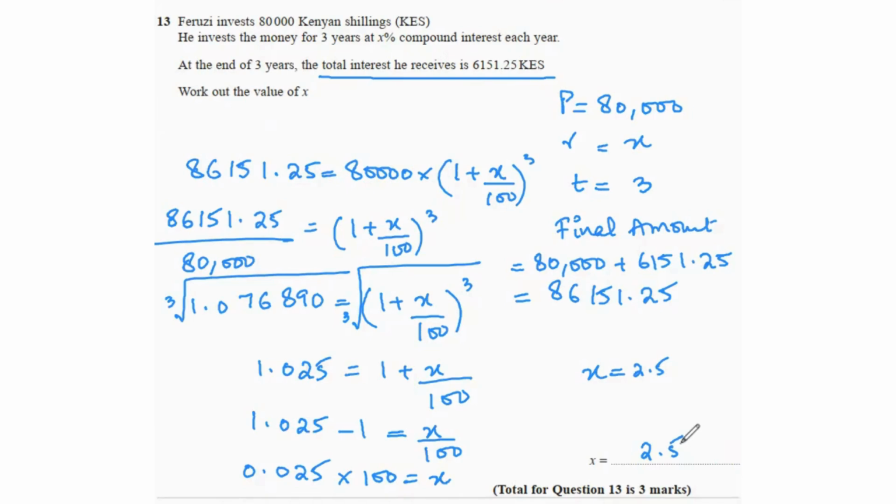So they can mix it up, but the main formula still remains the same. However, if they're asking about depreciation, then you would do 1 minus r over 100 instead of 1 plus r over 100. But if something's increasing in value, it's 1 plus r over 100. If it's just compound interest, it's also 1 plus r over 100.